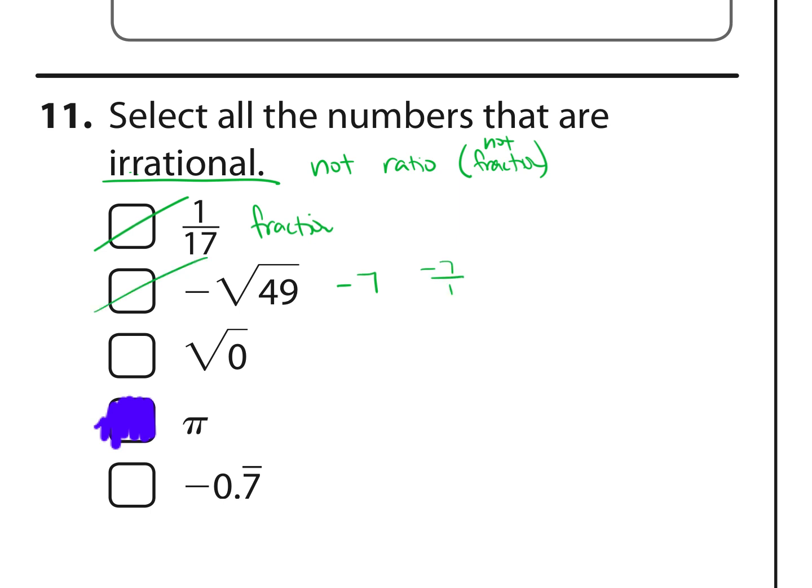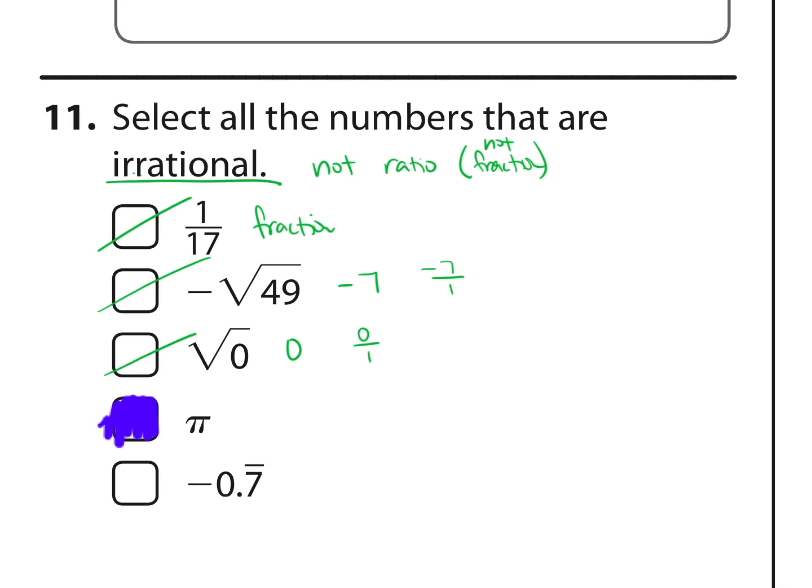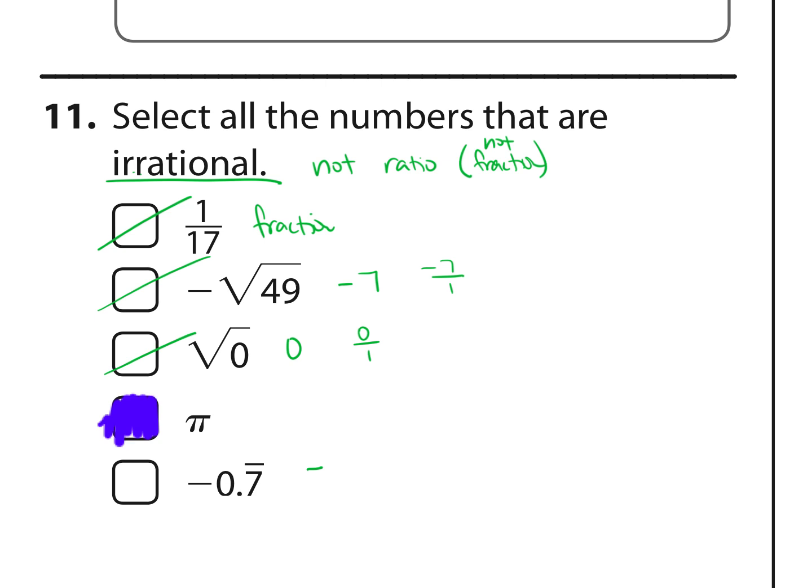Then square root of 0 is 0, which we could write as 0/1. And then this negative 0.7 repeating is actually 7/9. We could find that in our calculator, but anytime you have a repeating decimal, we know that that is a fraction. So this one doesn't work.